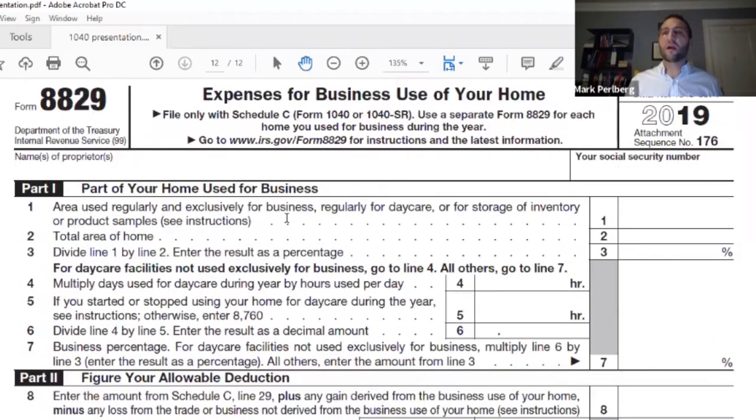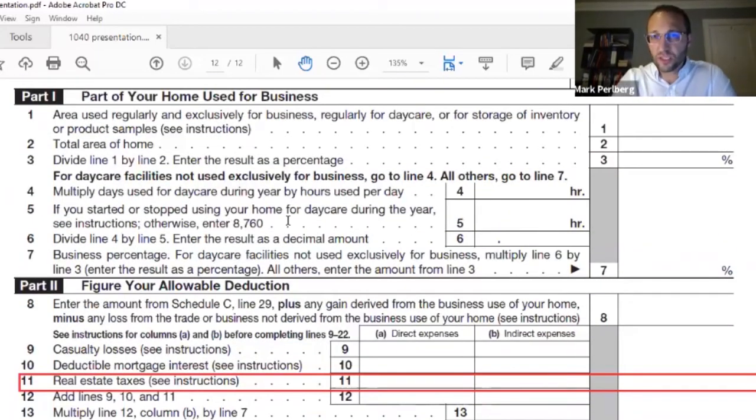Here's another thing. I want you guys to consider the business use of your home. Form 8829 is what a lot of people use to do that. Make sure if you are deducting your home office, that home office has to be dedicated to the business purpose of whatever it is. Even if you have a W-2 income job, you can still have a home office dedicated to your side hustle.